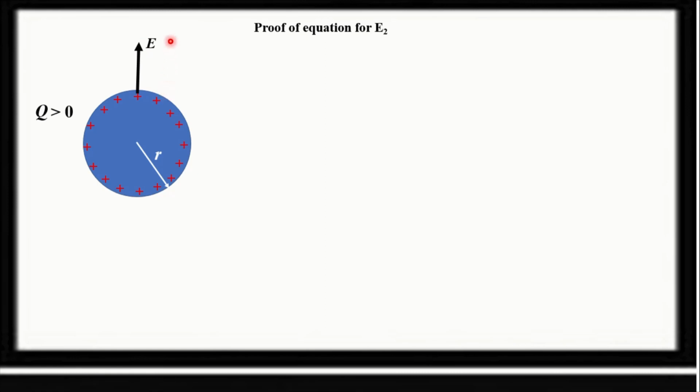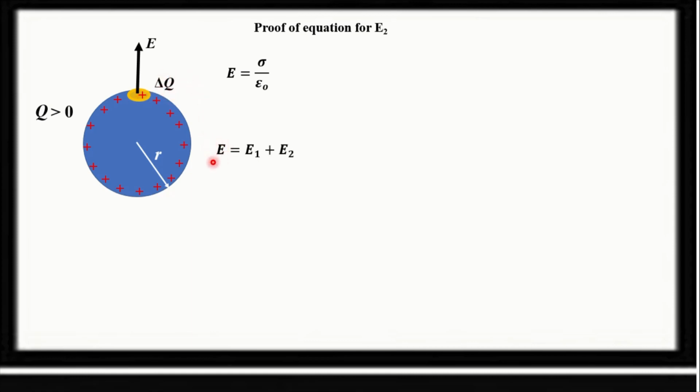In any textbook on electricity, you can find that the electric field E on the surface of a conductor is given by this equation, where sigma is surface density and epsilon naught is the permittivity of free space. We select a small area on the surface of the ball, which can be considered as planar, and the charge on this area we denote as delta Q.